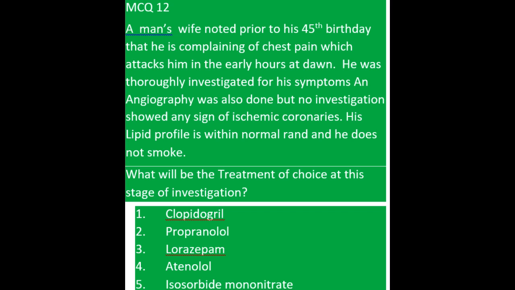1. Clopidogrel. 2. Propranolol. 3. Lorazepam. 4. Atenolol. 5.